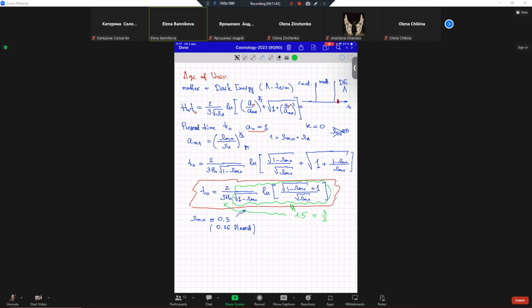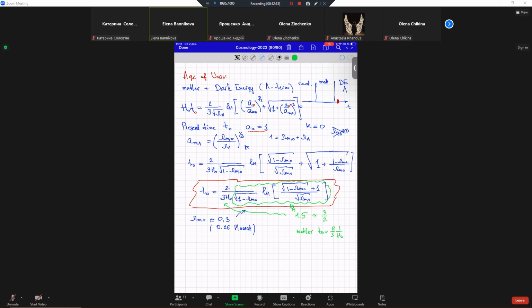of the universe, as 1 divided by H0. Because you remember, I was not so correct: when we consider the universe with a single component, just matter, in this case, if we consider only matter, we obtained T0 as 2 divided by 3, times 1 divided by H0.